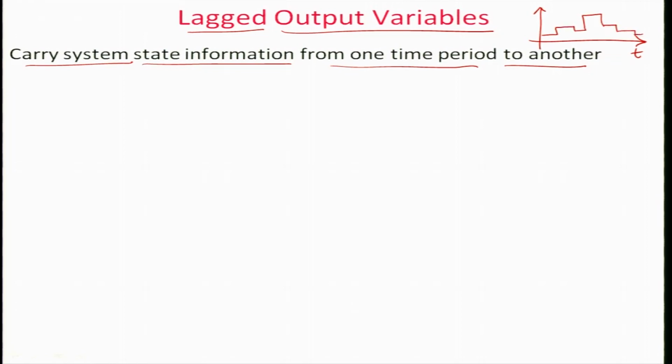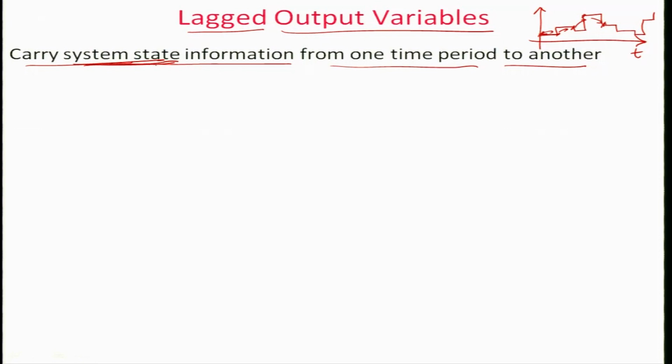So, the time dependent behavior of the system: when you carry that information from one time instance to another, the way you transfer this information to these time instances is what we call the lagged output variables.